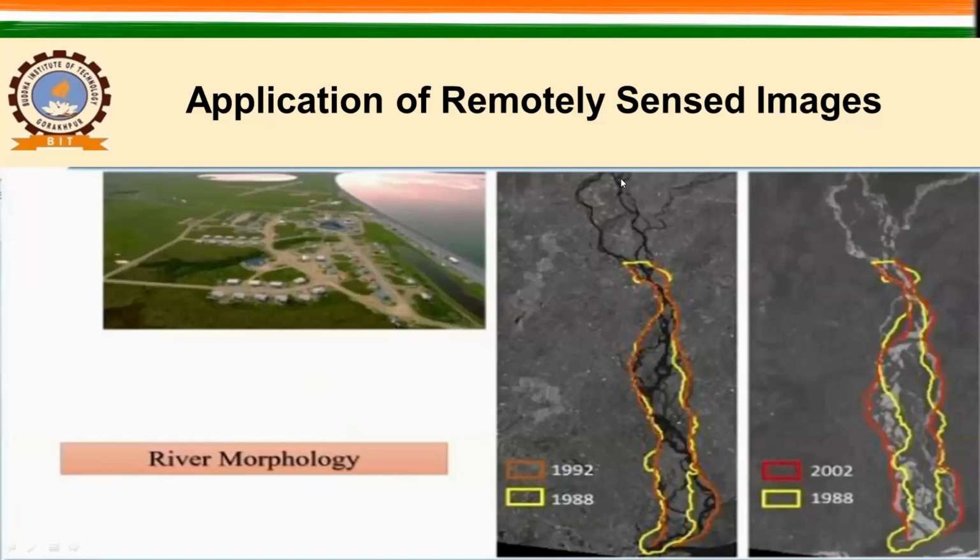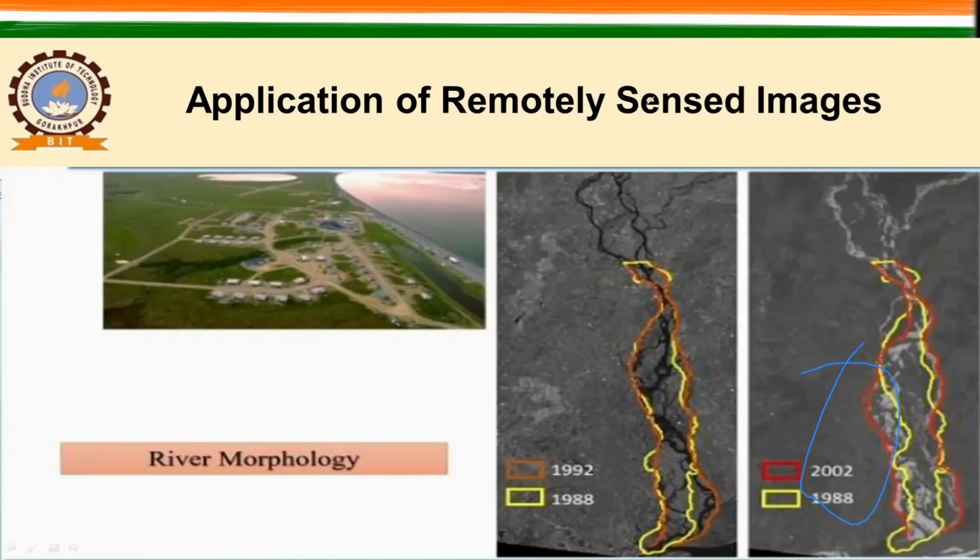You can see here how much migration of the river there is from 1988 to 2002, and this comes under river morphology: how much displacement has happened in a certain year, and what is the shape of the river in comparison to the other year. Okay, so this is actually an application of remotely sensed images.